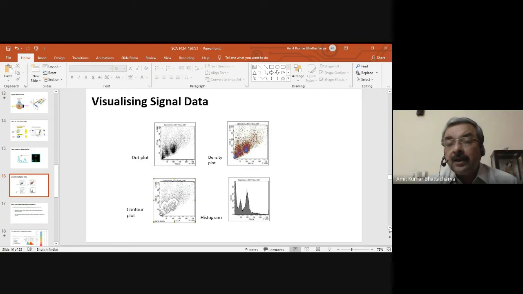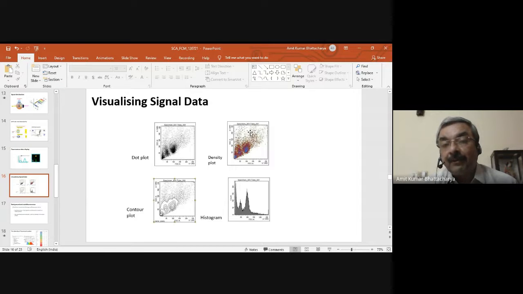Now, these data in flow cytometry are plotted in different ways. Usually they are plotted as dots or as histograms. In the dot plot, each dot represents one cell.